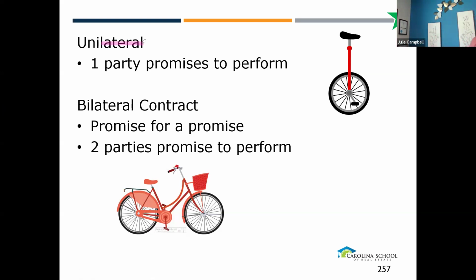Our agency agreements are bilateral contracts. Our sales contract that we will look at in Unit 10 is a bilateral contract. In real estate, we do have one unilateral contract, and that's our option to purchase that we will talk about at the end of Unit 10. So we will talk about our one unilateral, our one side contract when we get to 10.